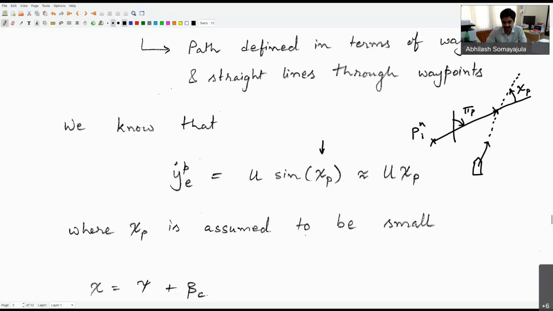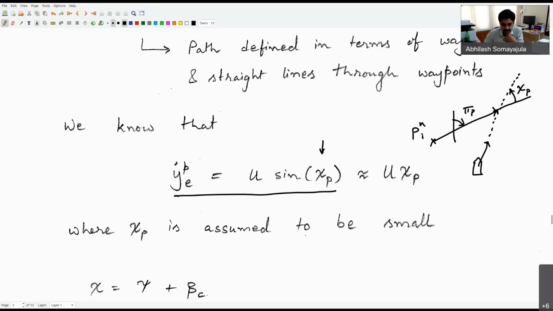So wherever the velocity vector was pointed, between that and the line joining the two waypoints, what is the angle between them? That was the course angle with respect to the path tangential system, right? And that angle will give me the cross-track error dynamics as yp e dot is equal to u times sine of chi p.